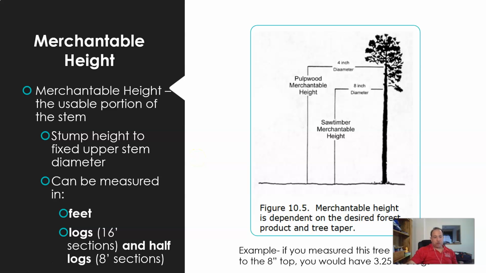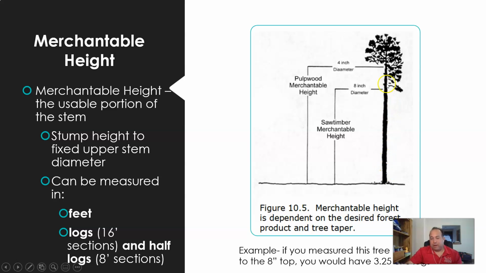So with merchantable height, we're really focused on the usable portion of the stem. We're measuring from stump height to an upper stem diameter. We've already talked about the idea of diameter and how we measure it at breast height.